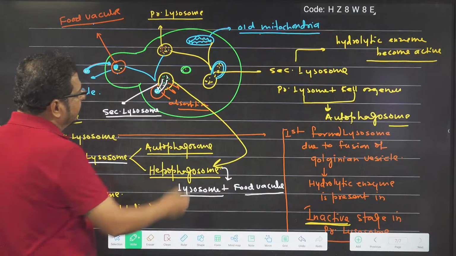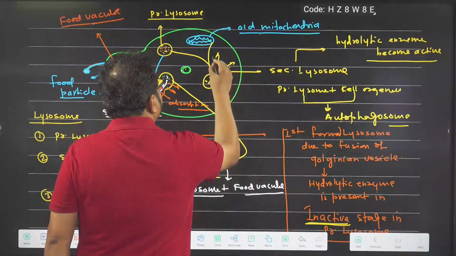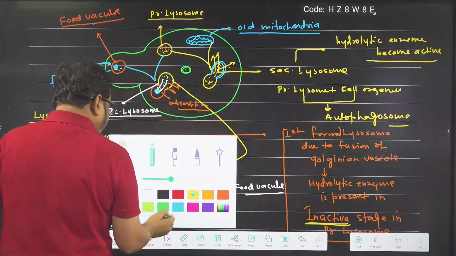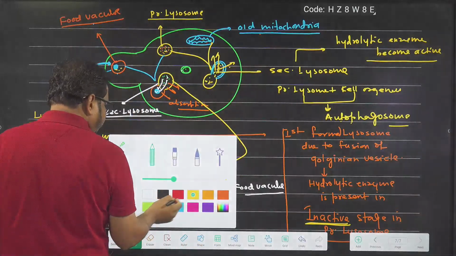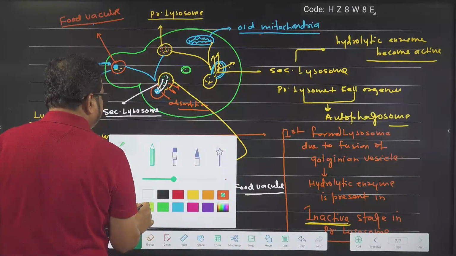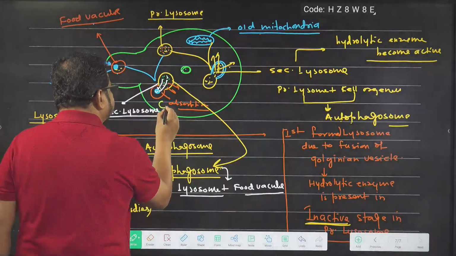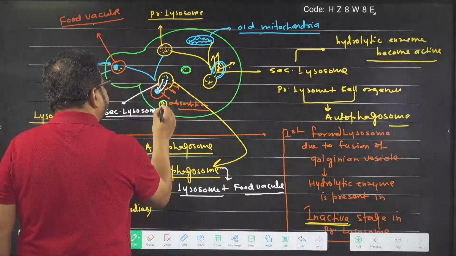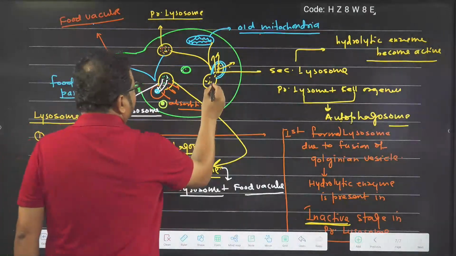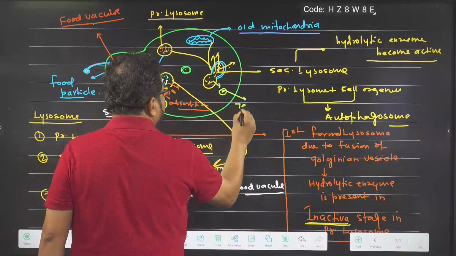And after digestion, what happened? The digested part gets absorbed, and after absorption, the non-digested part remains. So here a structure is forming. After digestion and absorption, what is not digested is present here, and it is called tertiary lysosome.